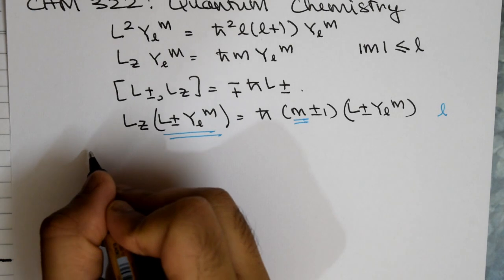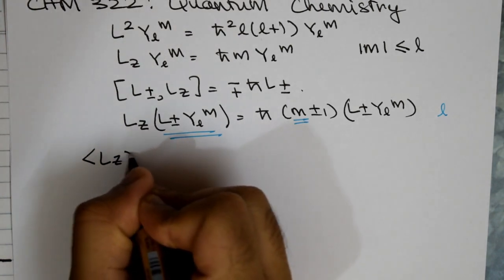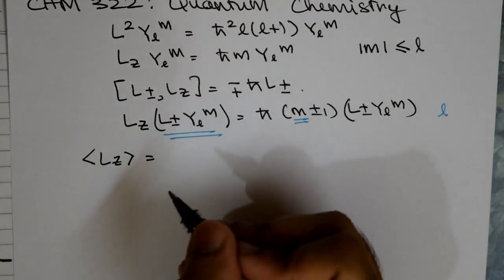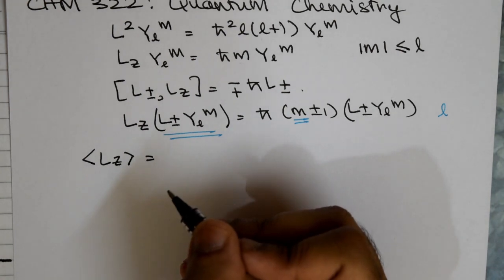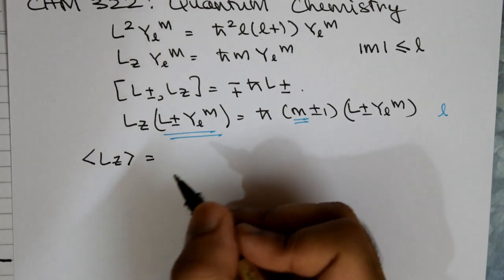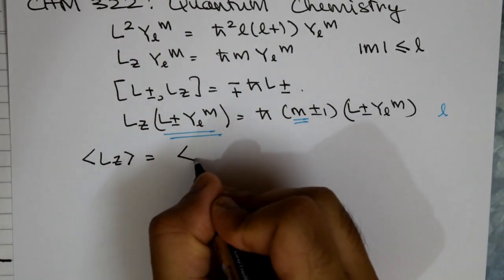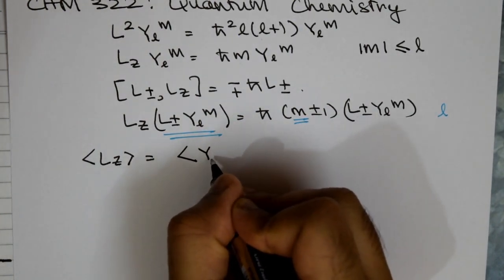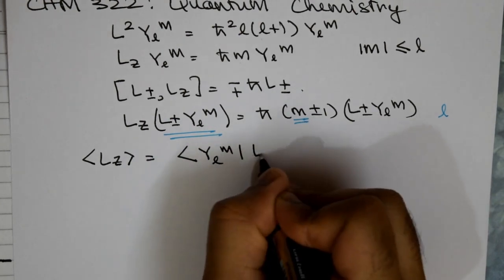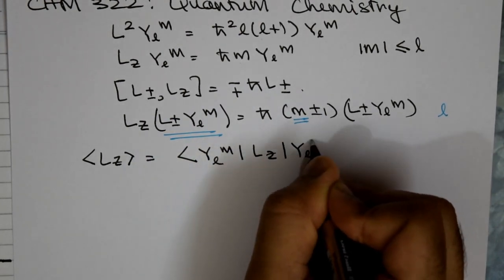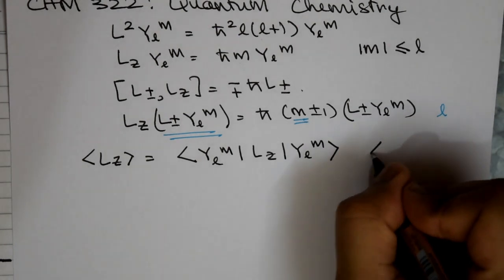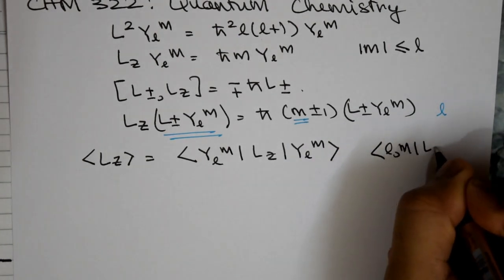So let's ask a question: what is the expectation value of Lz? It might be tempting for you to write the entire spherical harmonics in its full glory. It might not be necessary. When you have Y_lm, Lz, Y_lm, remember this can also be written as <l,m|Lz|l,m>.